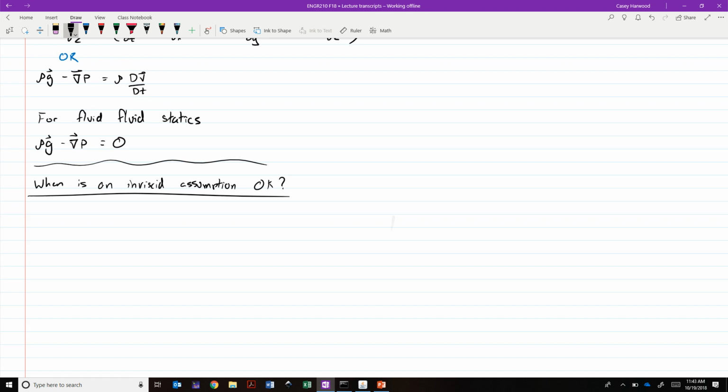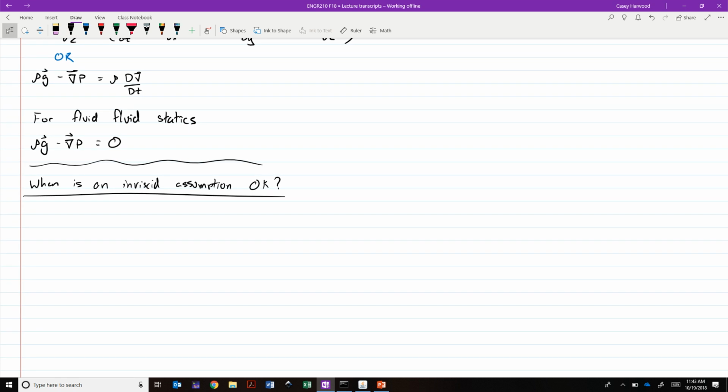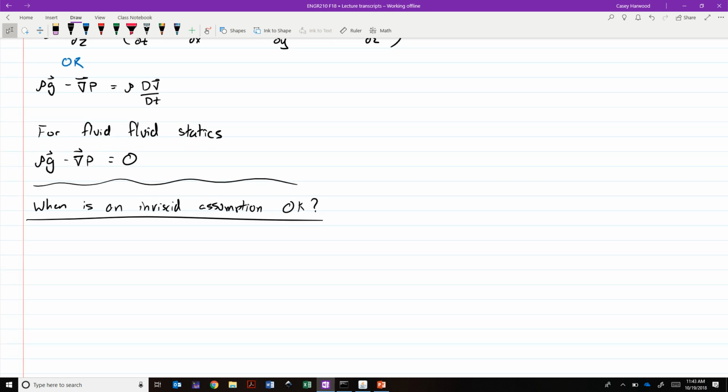This is the question we would ask ourselves, and the answer is surprisingly often. When we said we're going to assume that the fluid is inviscid, what that did for us is allow us to eliminate the shear stresses from the equations. The other way you can end up with a flow that has no shear stresses is if there are no velocity gradients. There are no shear stresses present in a uniform flow because the velocity is constant throughout, so there's no friction between fluid particles.